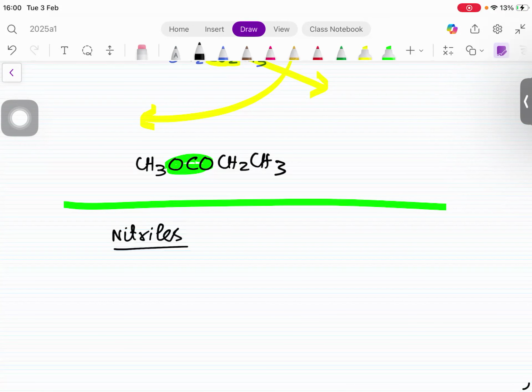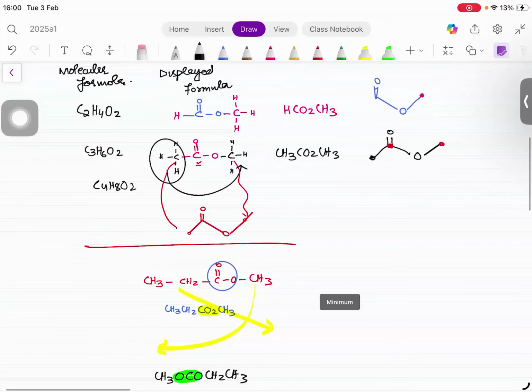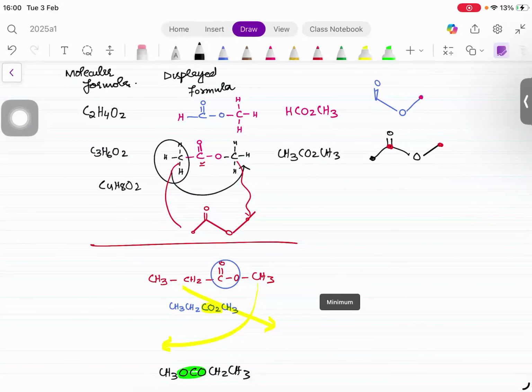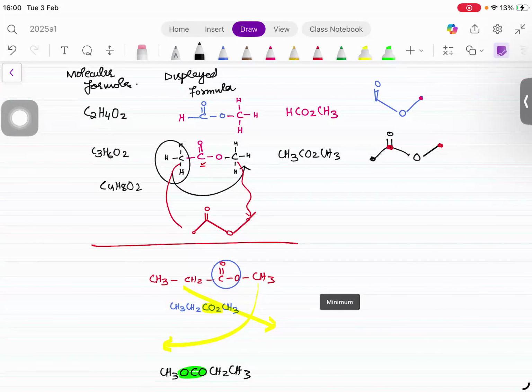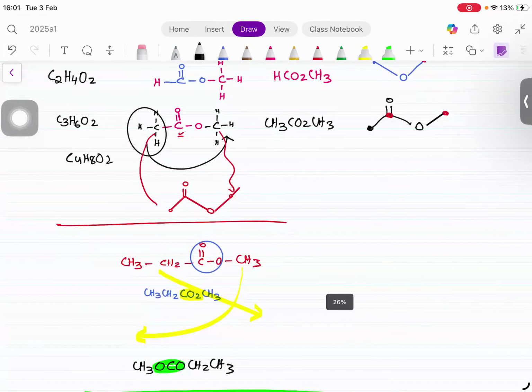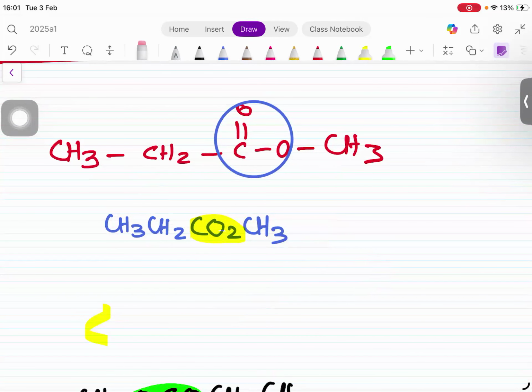We are done with the esters and carboxylic acids, as far as the naming is concerned. Look, as far as the naming is concerned, please pay attention. When you name the ester, how do you name it? Look at this. Yes, I'll send the notes on the group.